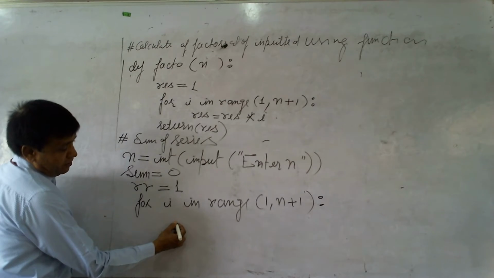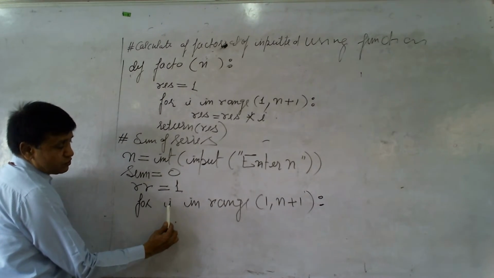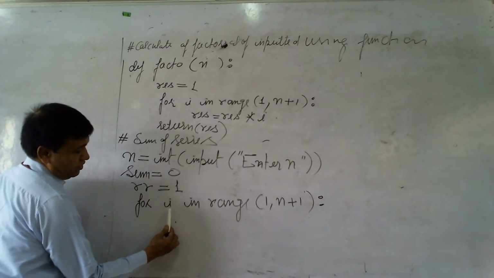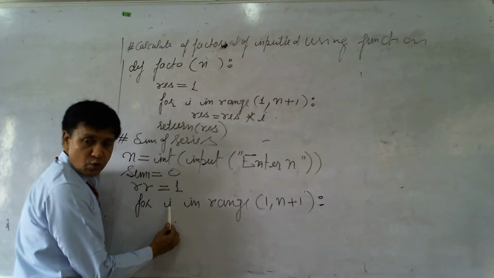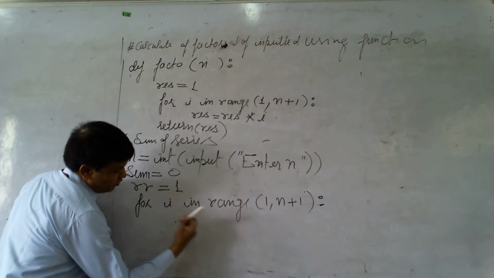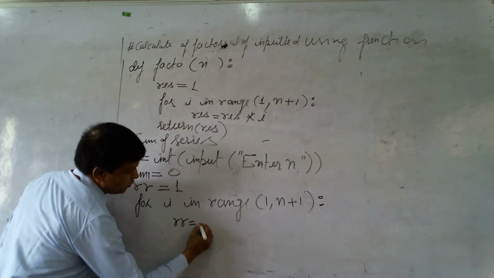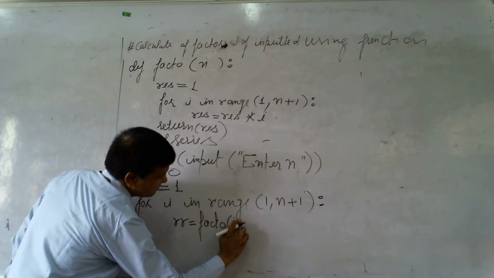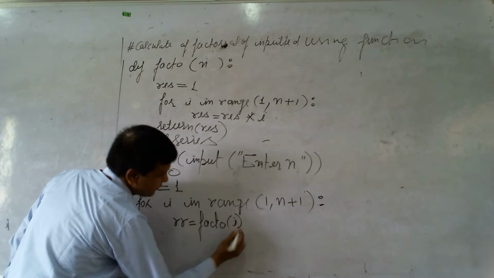So now this for loop will give you different values between i and n. So I have to calculate here factorial of i equal to 1, i equal to 2. So I am calling the function: r equal to, this is calling the function factor, and I will use the term i.